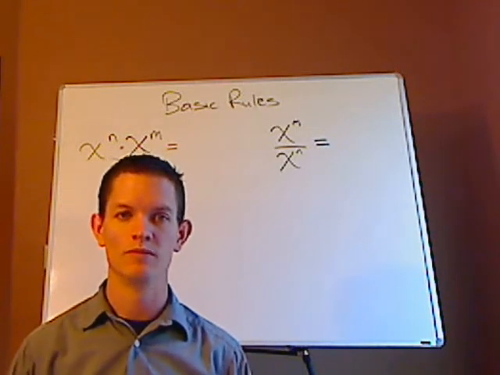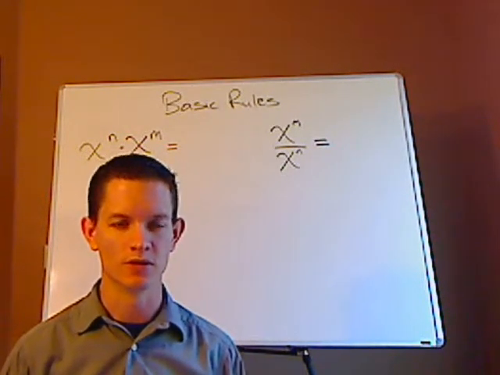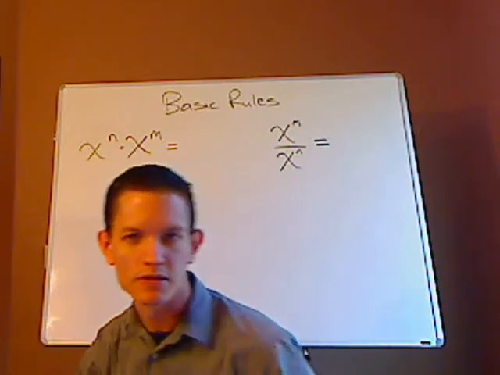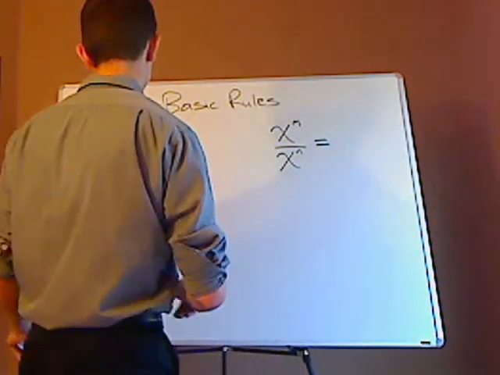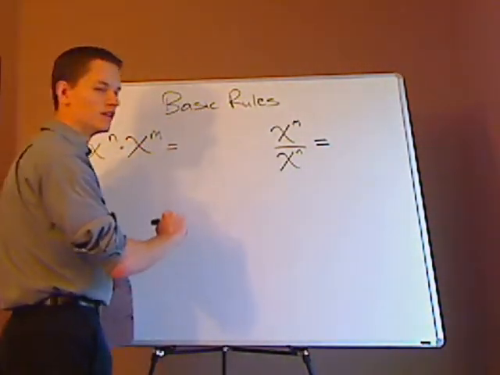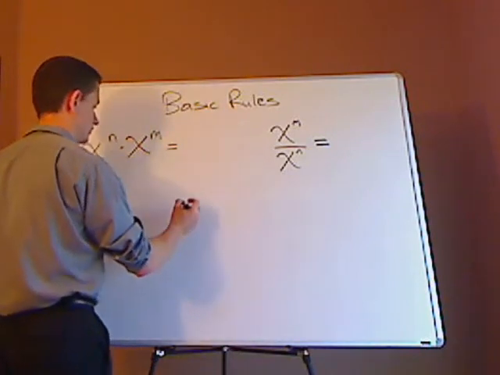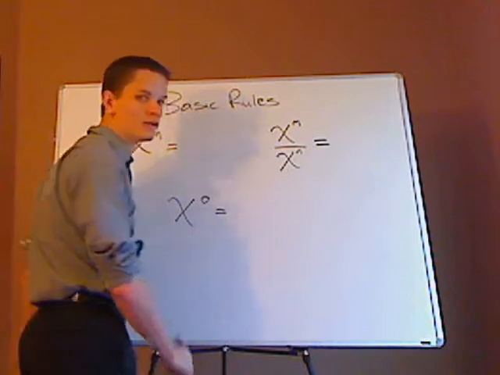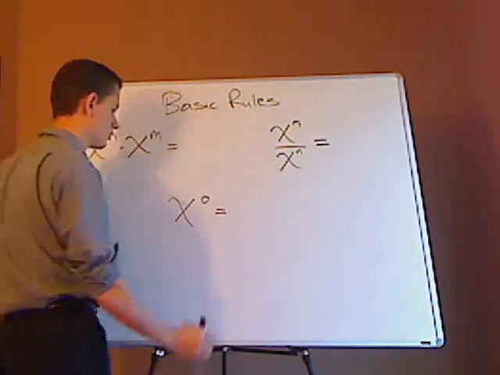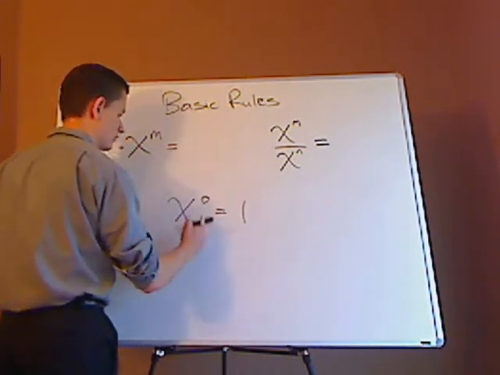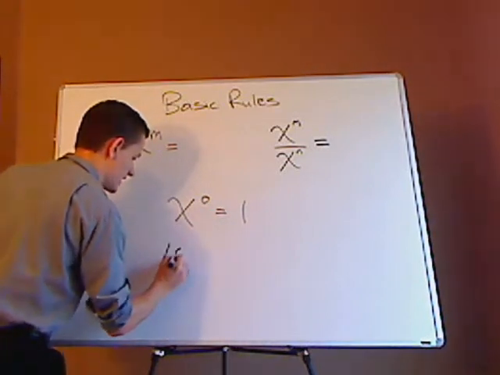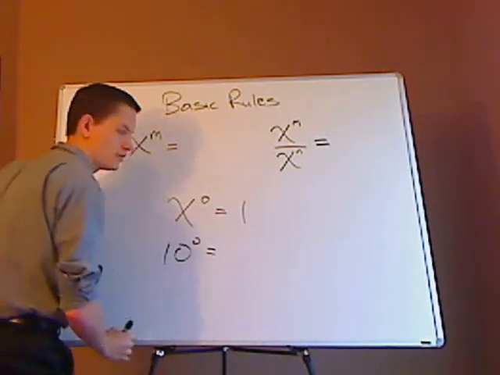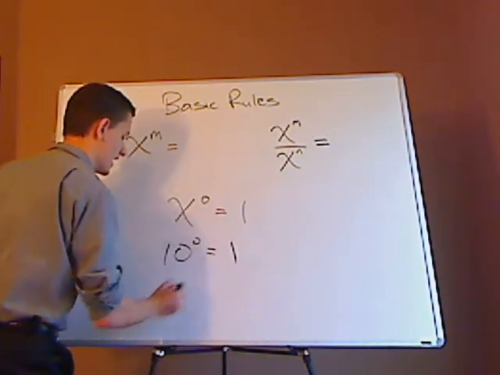Alright, what I'm going to be doing today is I'm going to show you some basic rules of exponents. So, before we go into this, let me show you a couple. You have x to the 0. Now, what's x to the 0? 1. So if that's to the 0, what's 10 to the 0 power? 1, exactly.